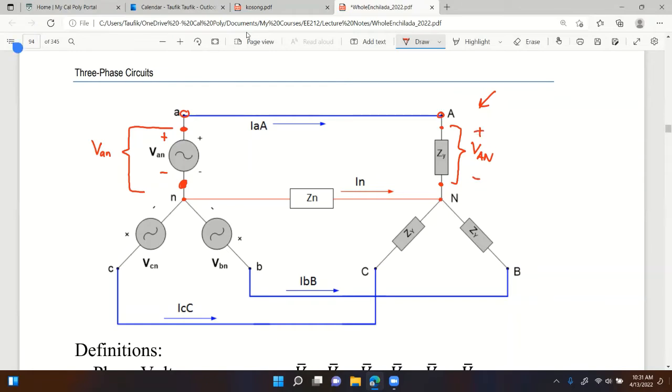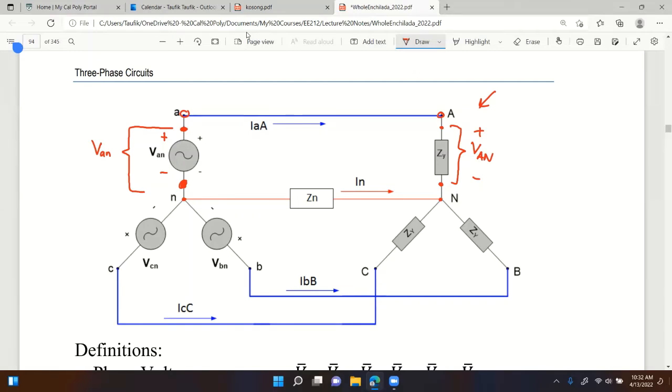Any questions so far? So that's phase voltage. Voltage that appears across each phase. Can you tell me at least one more phase voltage in the circuit? Anybody? VBN, lowercase bn or cn. That's correct. Yes. Thank you.